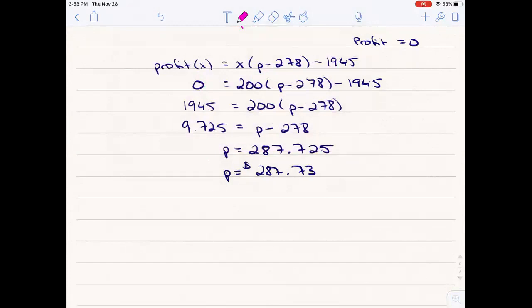And I'll put that in. All right, so they would have to charge 287.73 to break even.